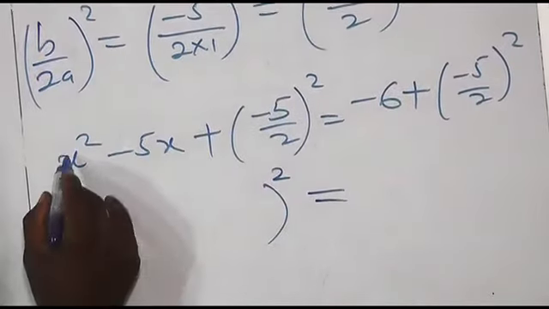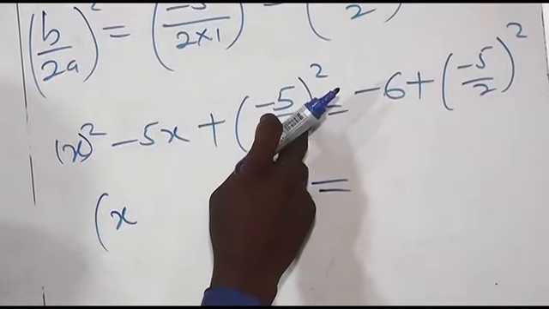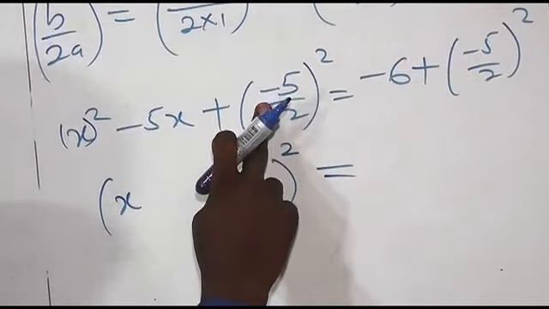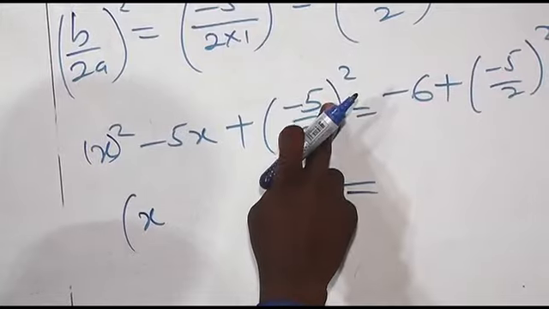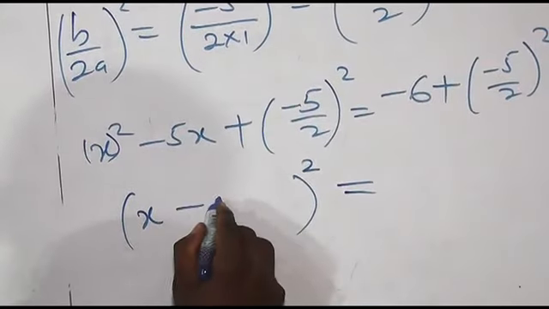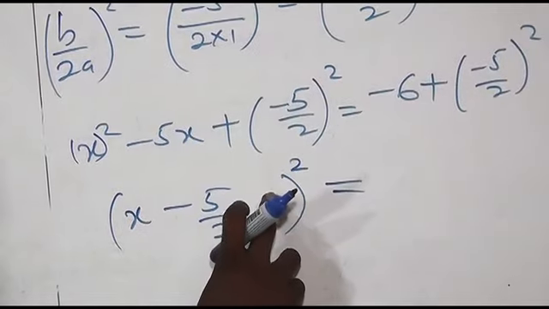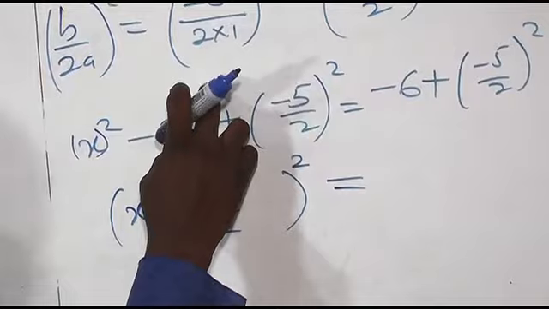And to do this, you bring this x from here, then the term in this bracket, you write it together with the sign. Now in this particular example, the sign of this term here is minus 5 over 2, so you have minus 5 over 2 in this bracket. When you expand this, you get back this expression.